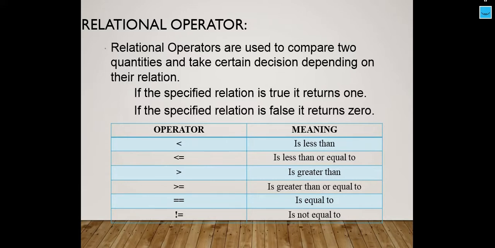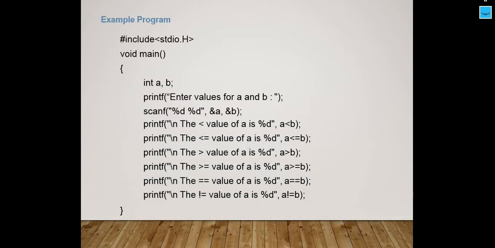Suppose you are writing A is less than B, where A is 10 and B is 20. In that case, obviously it will result in true because 10 is less than 20. So that expression will return 1. But if I write 20 is less than 10, then it will return 0. Right? So this is our example.